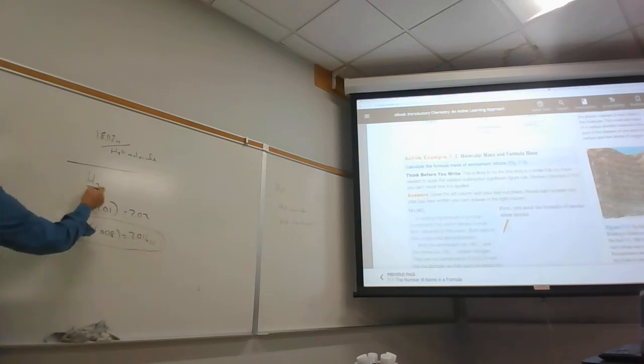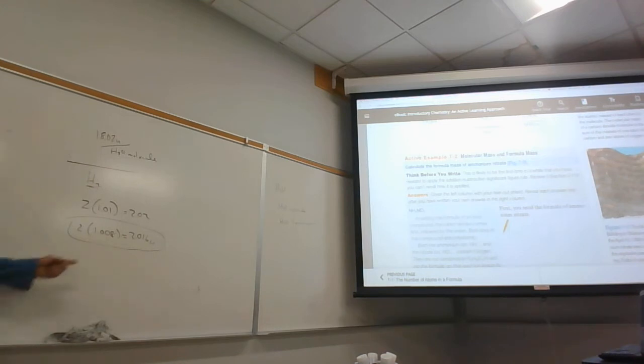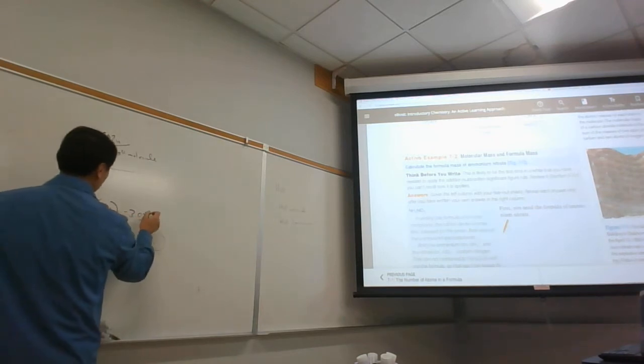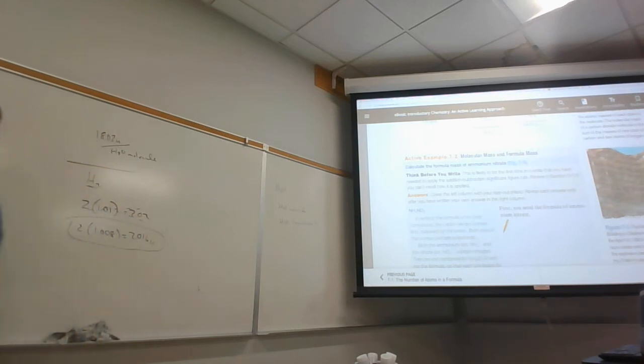And so if I'm looking at H2, the average H2 molecule weighs 2.016 to 4 sig figs. But it's okay that I did it here as 2.02 because when I add these two together, I'm still going to get the same answer. So sometimes I'll use this, sometimes I'll use this one.